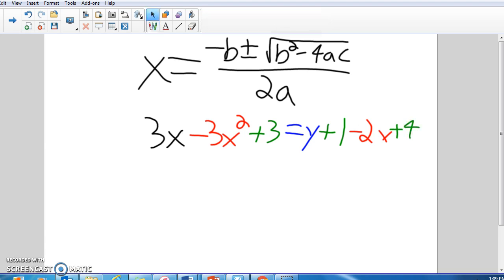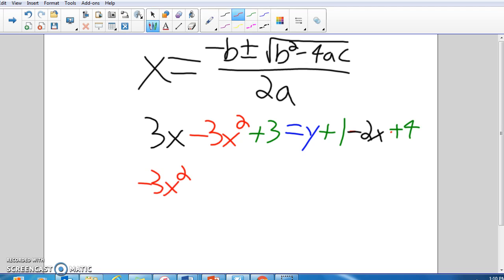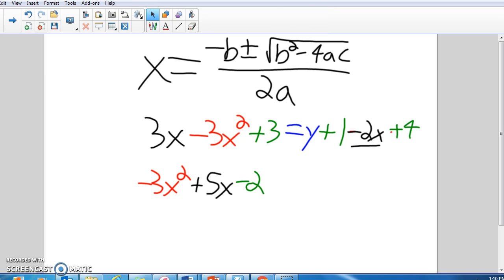From that, we can combine like terms pretty easily, especially if I color code them properly. We already have our negative 3x squared on this side, and then we can add 2x to both sides to get plus 5x, and then we can subtract 5 from both sides to get minus 2, and that would equal our y. So now we have our a, b, and c.